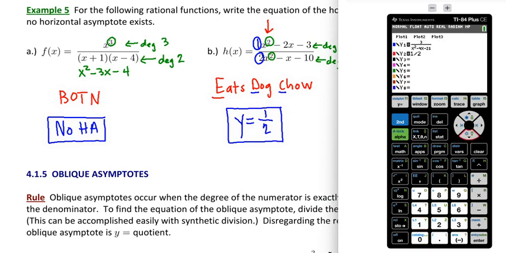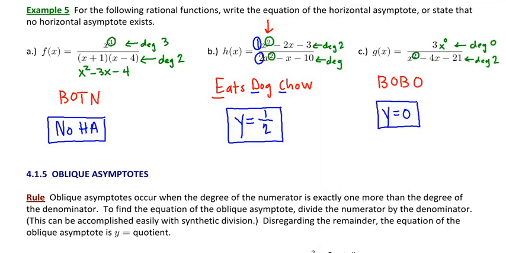And we want to type in y equals 0 for the equation of our horizontal asymptote. So the horizontal asymptote, again, limits the curve. You can see it leveling out here on the left side. The blue curve levels out over that horizontal asymptote, and on the far right side, it levels out as well. So remember, Bobo Botten eats dog chow as an easy technique for locating those horizontal asymptotes.